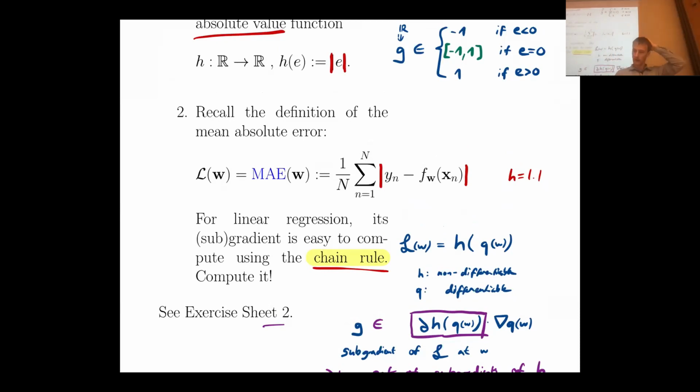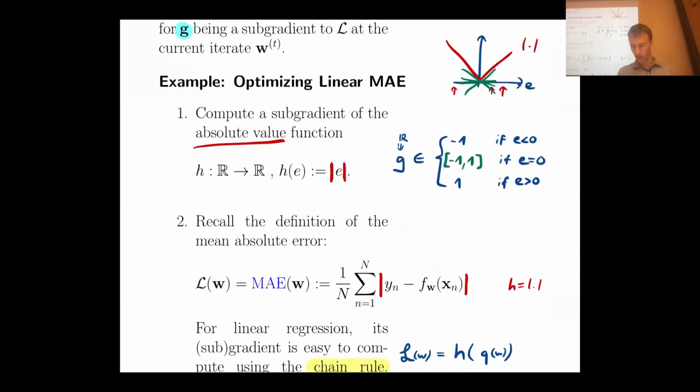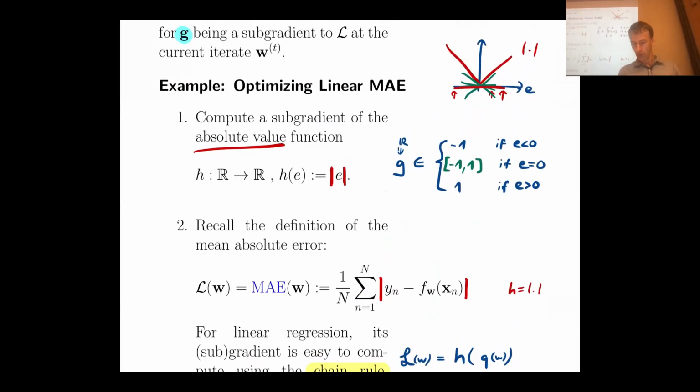You're saying the 0 is a useless subgradient if you use it for gradient descent. Exactly. It's kind of true, because then I don't move anymore. If my gradient or subgradient, whatever, is 0, I don't move. So I'm stuck.